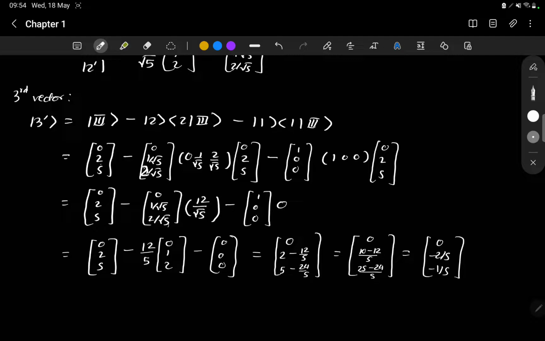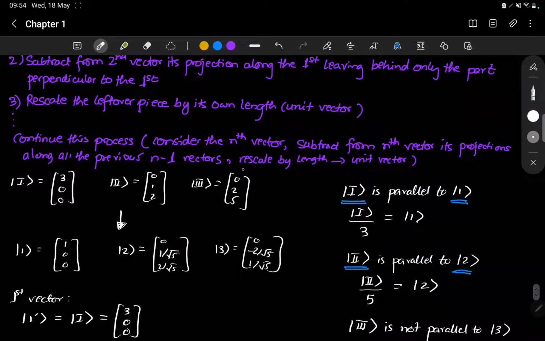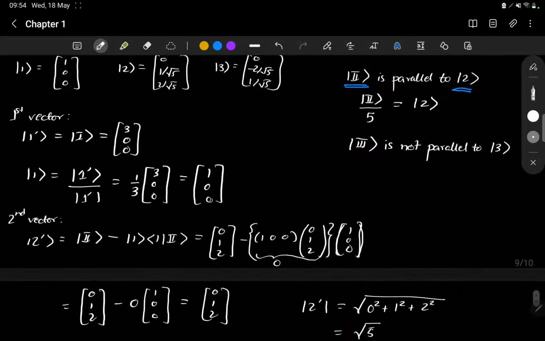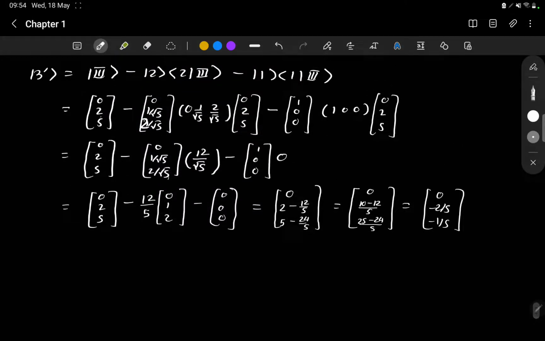Now the final step says that we rescale by its length. So the third vector is this over the length. Now the length of this, sorry, this is not minus 1, this is plus 1.